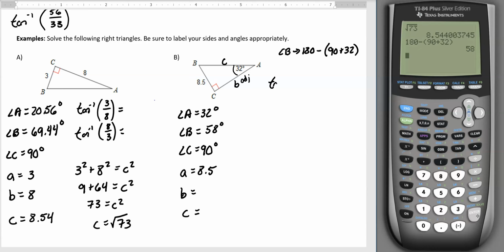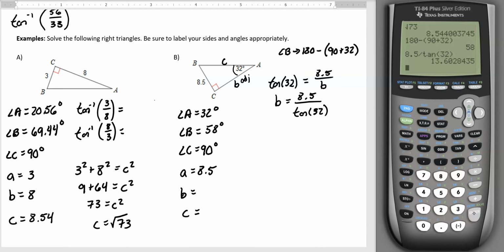So we'd say the tangent of 32 equals our opposite, 8.5, over our adjacent, which is side B. So multiply both sides by B, divide by tangent of 32, we would get B equals 8.5 divided by the tangent of 32. In my calculator, 8.5 divided by the tangent of 32, close parentheses, enter, 13.60.